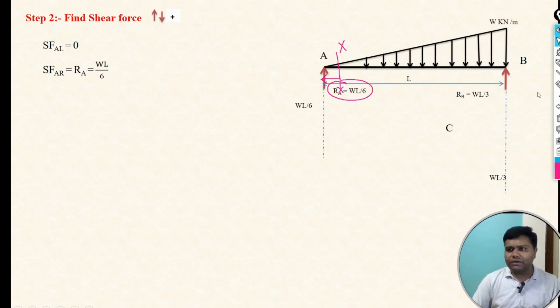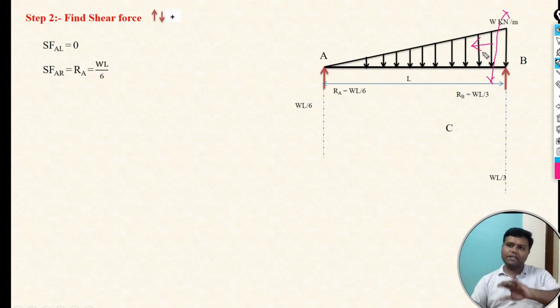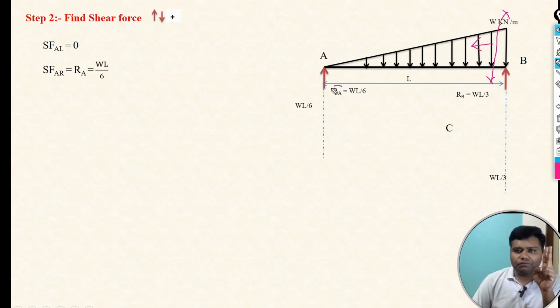Once we calculate the shear force at A left, we take the other point, B point. If we focus on the left of that section, there are two forces. The first force is Ra, and the second force is the UVL, the load we are considering here.